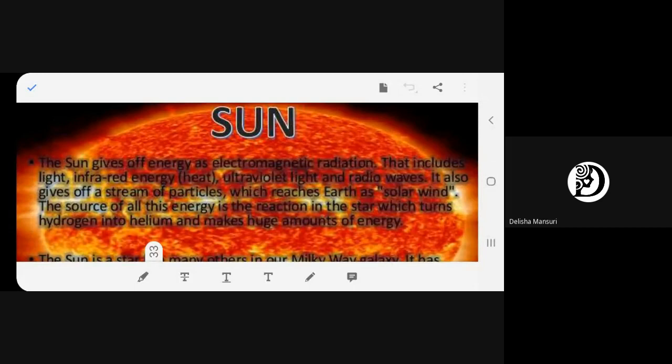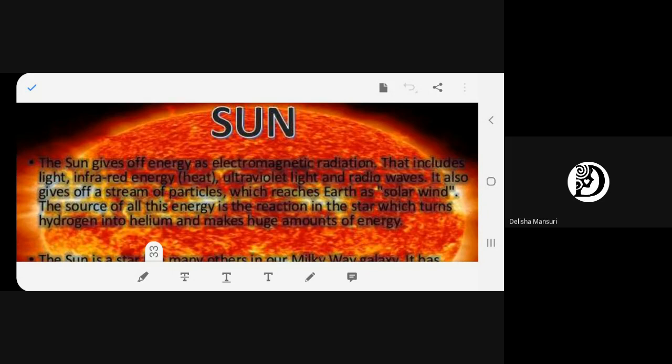It also gives off a stream of particles which reaches Earth as solar wind. The source of all this energy is a reaction in the star which turns hydrogen into helium and makes huge amounts of energy. Fine.